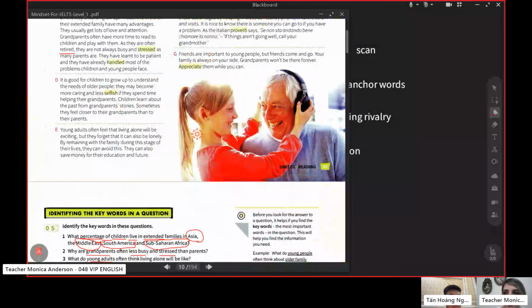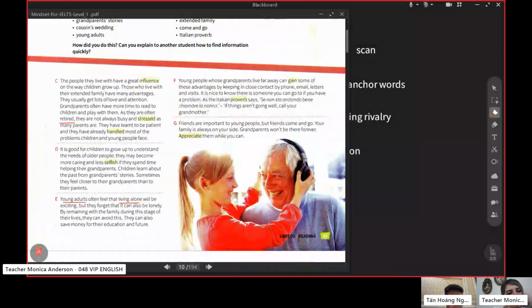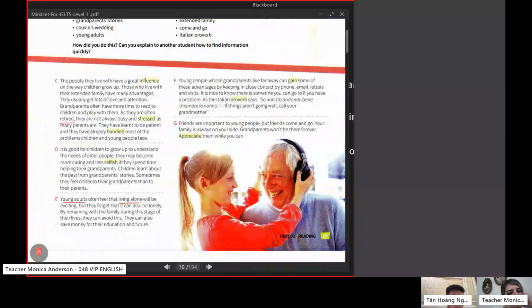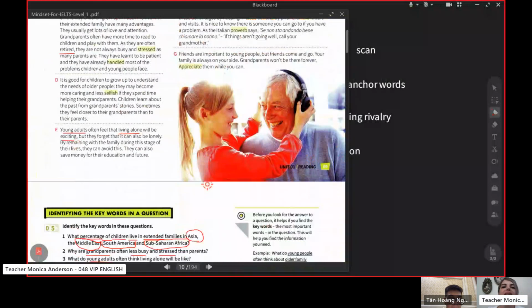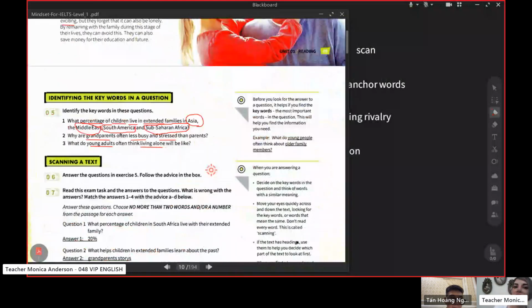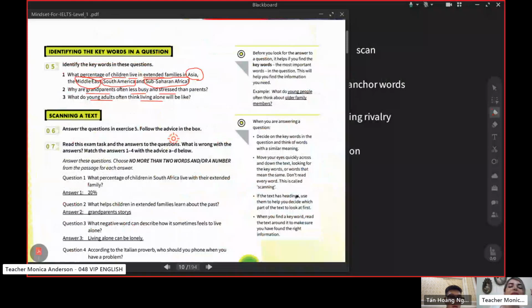Because by remaining with the family during this stage of their lives, they can avoid this. They can also save money for their education and future. Okay, what's the answer? Why do they try to be alone? Because they feel that living alone will be exciting. Excellent. That's it. Very good. Great answer. So we could find our answers easily and, of course, quickly according to the keywords and anchor words.